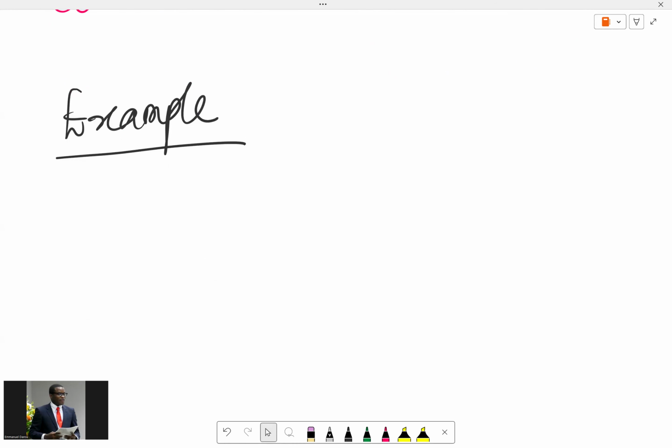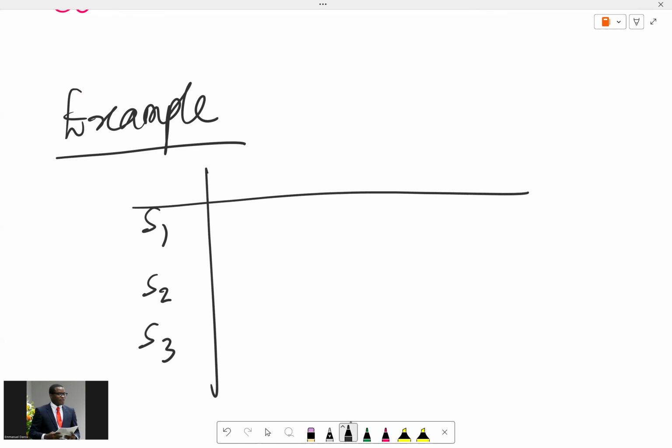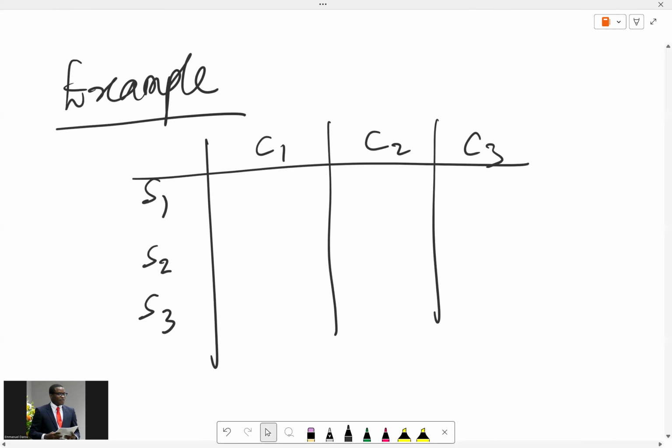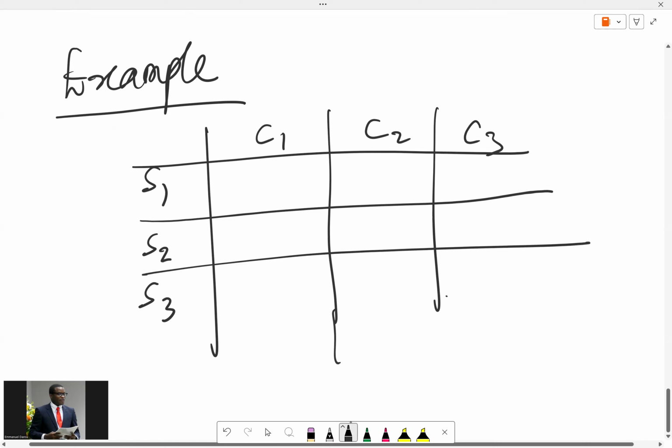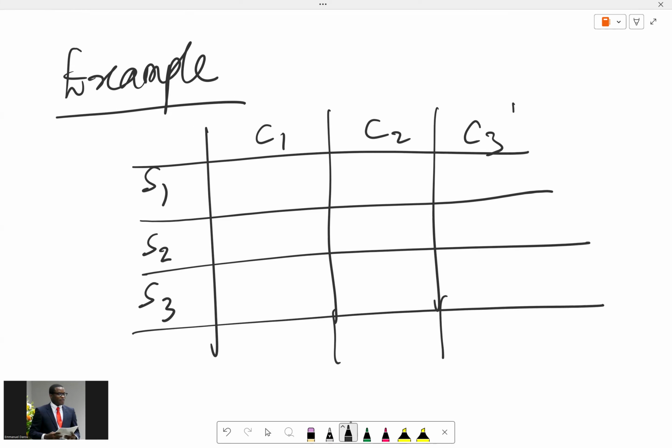So I'm just going to do all this now. S1, S2, S3 are the three suppliers, and then we have our consumers C1, C2, and C3. Here now we have all this. I guess we can still indicate the supplies and demands.